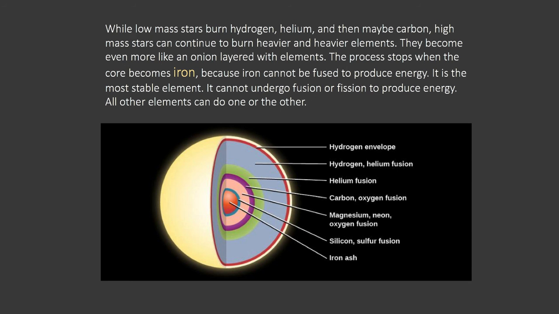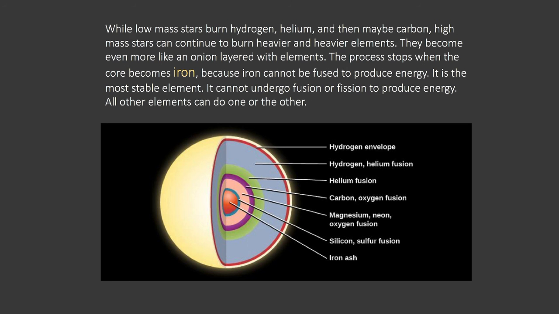Those types of stars will burn their hydrogen, they'll burn helium, and then some of them might even be able to keep going and convert carbon into heavier elements, do carbon fusion, essentially. Now, the sun will only burn hydrogen and helium, but other low mass stars might get into burning carbon. But that's about it.